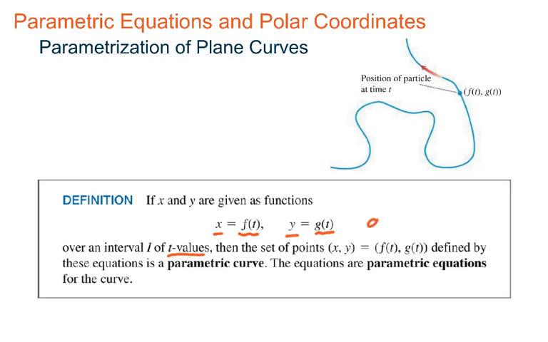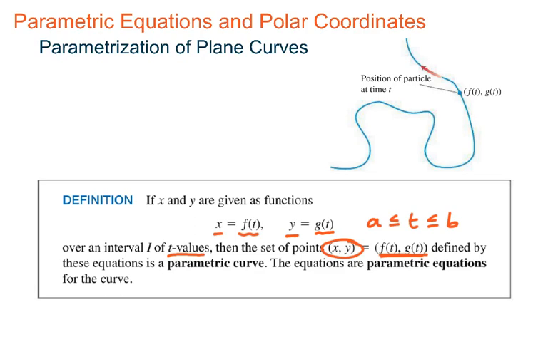So t is normally going to be specified between an initial and a terminal value. In this case, I wrote a and b. Then all of those xy points, which are developed by looking at the functions, represent the parametric curve. And that parametric curve is formed by the parametric equations.